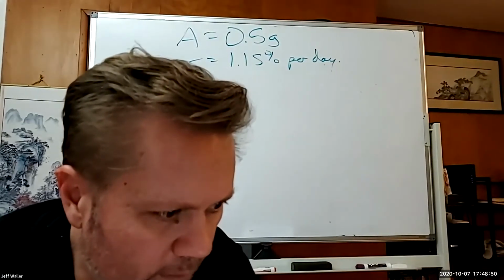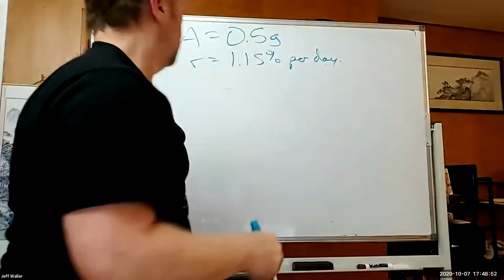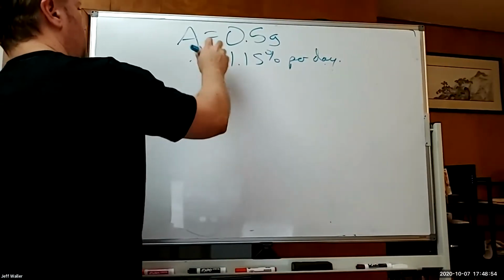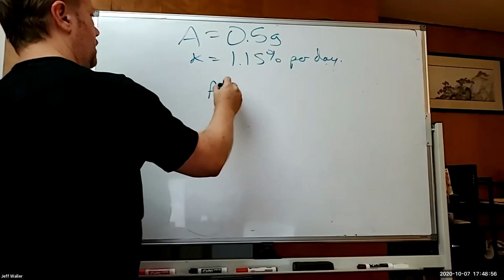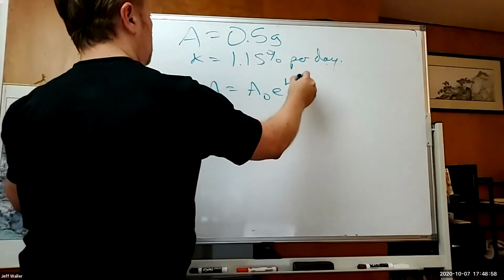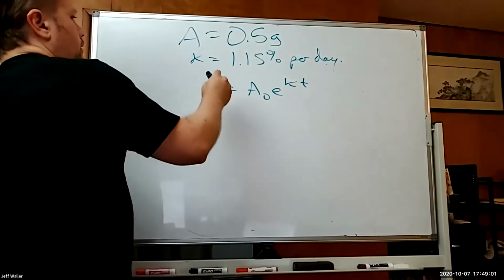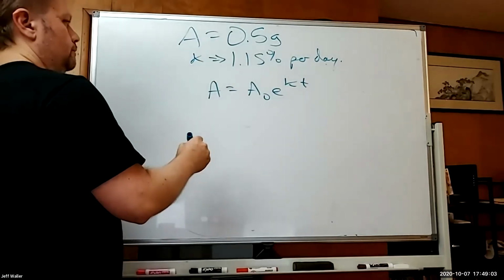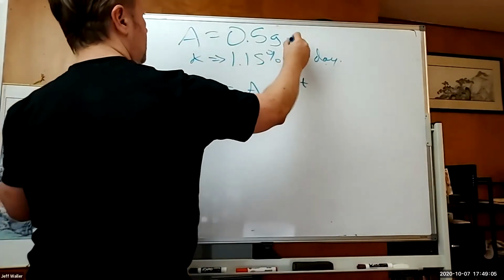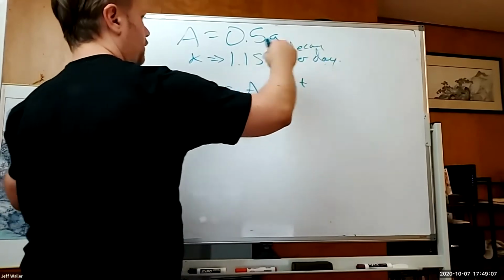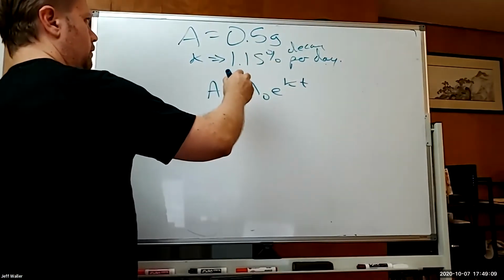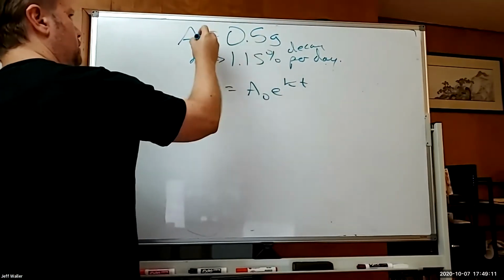Okay. And I'm just now remembering that this book uses K for that. Since this is a decay, it'll be negative when I go to put it in. So I got my initial amount, let me say that.